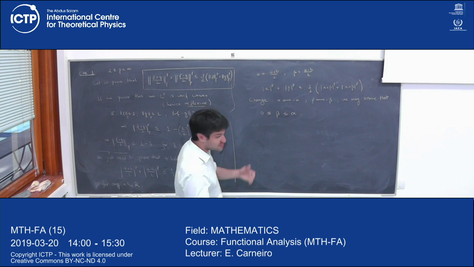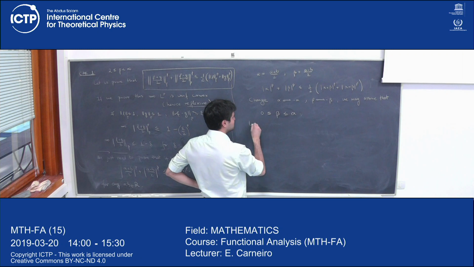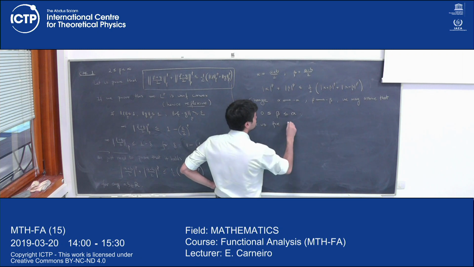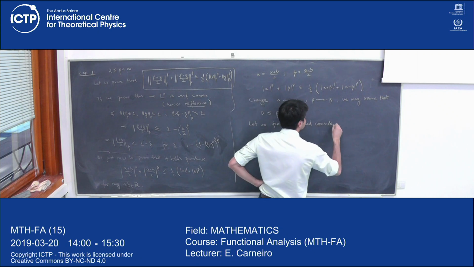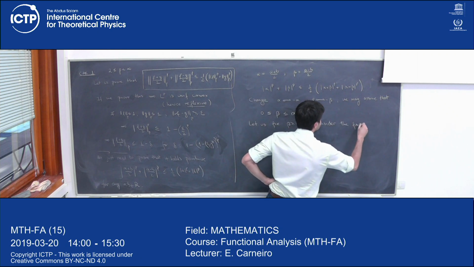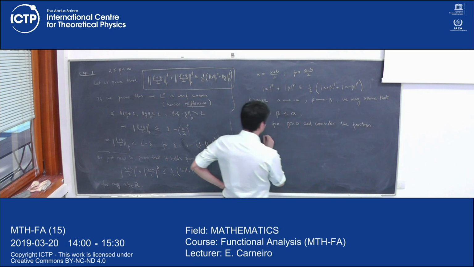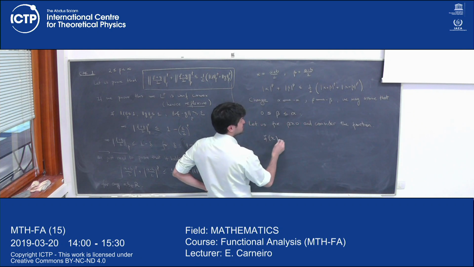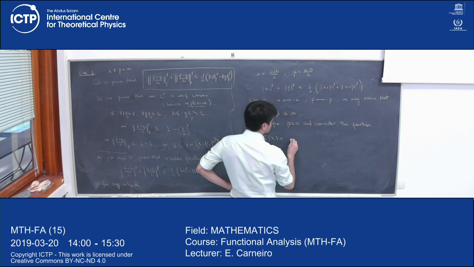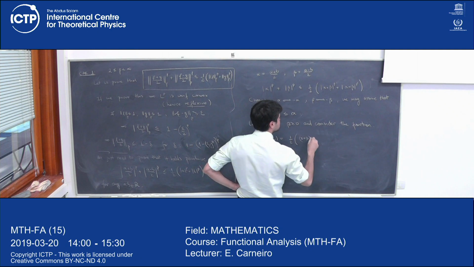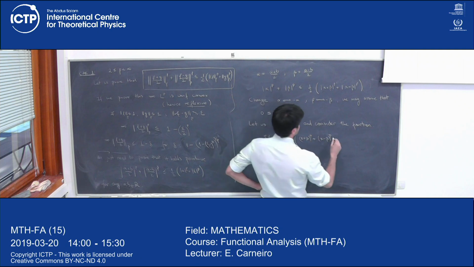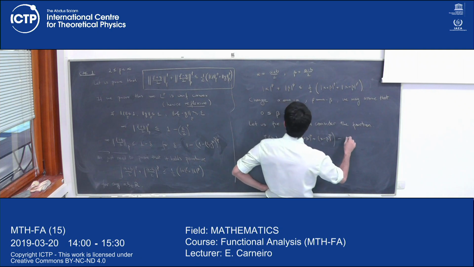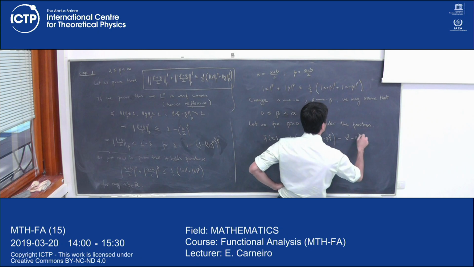So let's construct a function now. Let us fix beta bigger than 0 and consider the function f of x being the right-hand side minus the left-hand side: 1/2 of ((x plus beta) to the p plus (x minus beta) to the p) minus x to the p minus beta to the p.